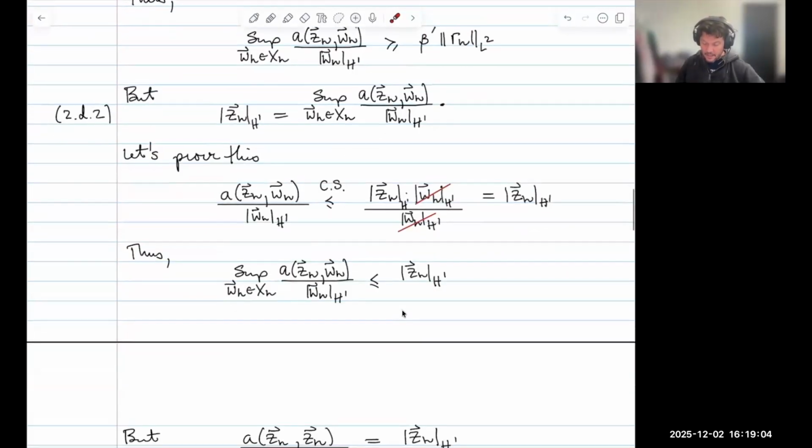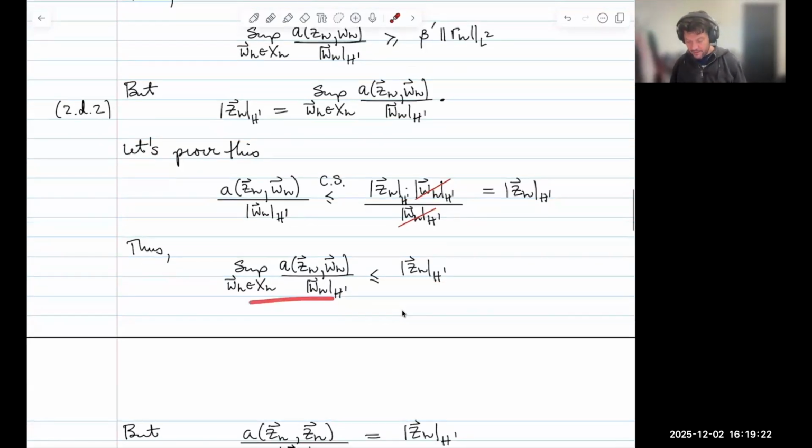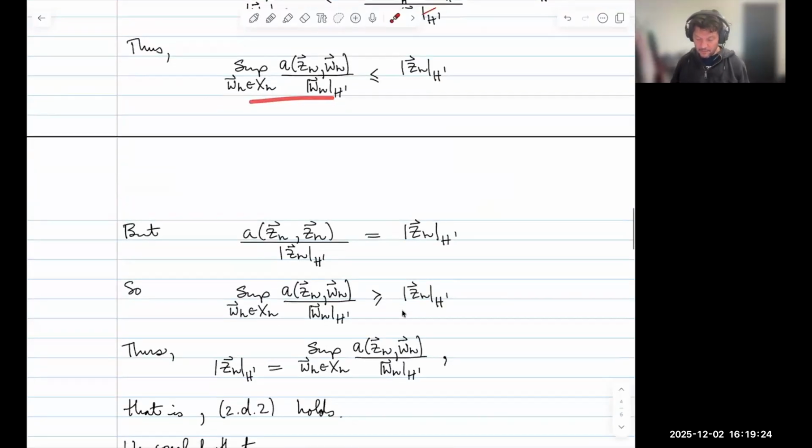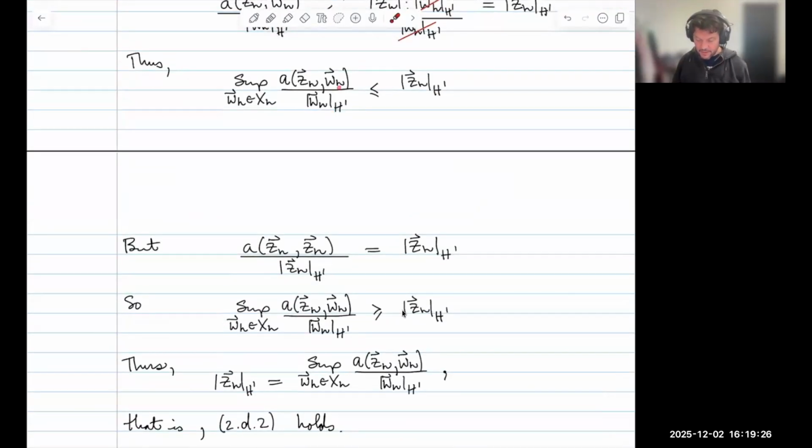Now if I take the supremum of all of these numbers, this object forms an upper bound for them, and the supremum is the least upper bound. So any other upper bound has to be greater than the least upper bound. And so I definitely have this. But notice that if I take WH and substitute in ZH for that, I precisely get the H1 seminorm of ZH, because on the top I have the H1 seminorm squared.